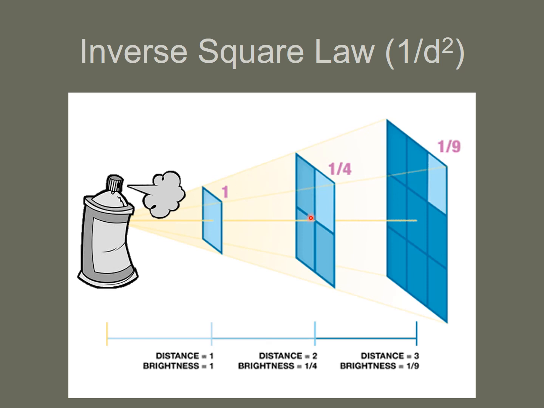If I double the distance, then that spray paint has a further distance to spread out, and so it doesn't cover double the area. What it actually does is it covers 4 times the area. So my single piece of paper up here would only get 1/4 of the paint that would have been on the paper 1 meter away.